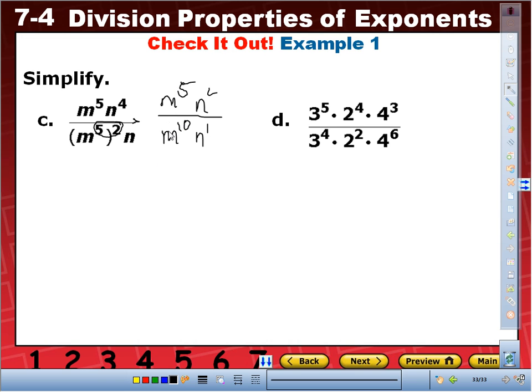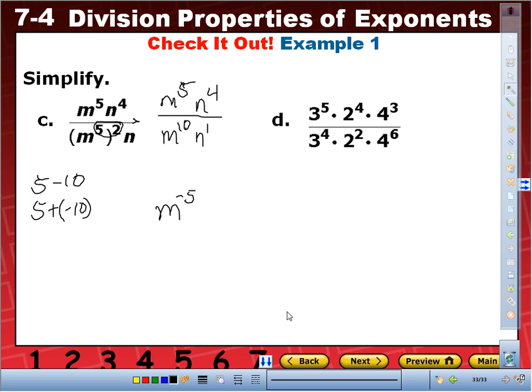Okay, let's use our rule. Let's look at m. 5 minus 10, that's -5. Once again, if you don't see it, you need to write out your exponents. 5 minus 10 becomes 5 plus -10, and that's how we get the -5. Are we there? However, can we have negative exponents?